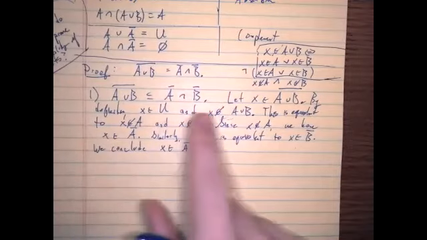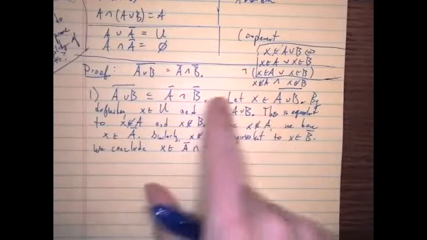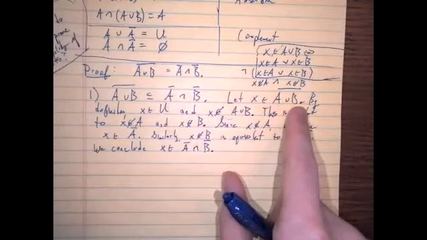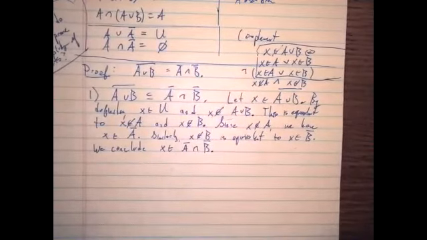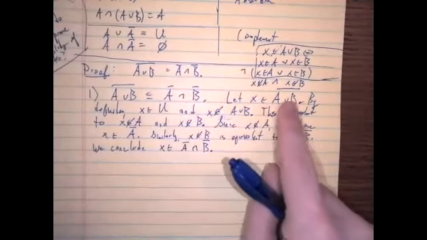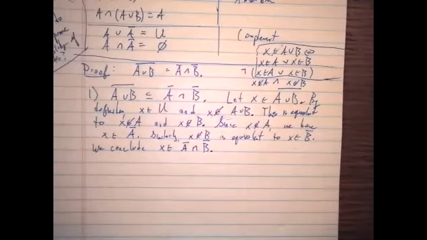I'm taking X to be an arbitrary element inside A union B, right? The argument that I use here holds for any possible X that's inside this set. So I'm not just doing this for one X, I'm doing it for an arbitrary X in this set, which, if you remember the universal instantiation and universal generalization laws, means that I'm doing it for all X's inside this set.